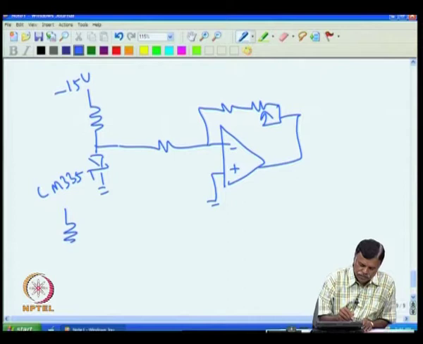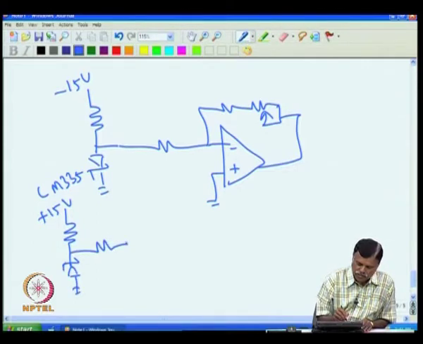Then for the reference Zener 2.5 volt, I will put plus, because when this is minus, this must be plus, then only it will take care of that.